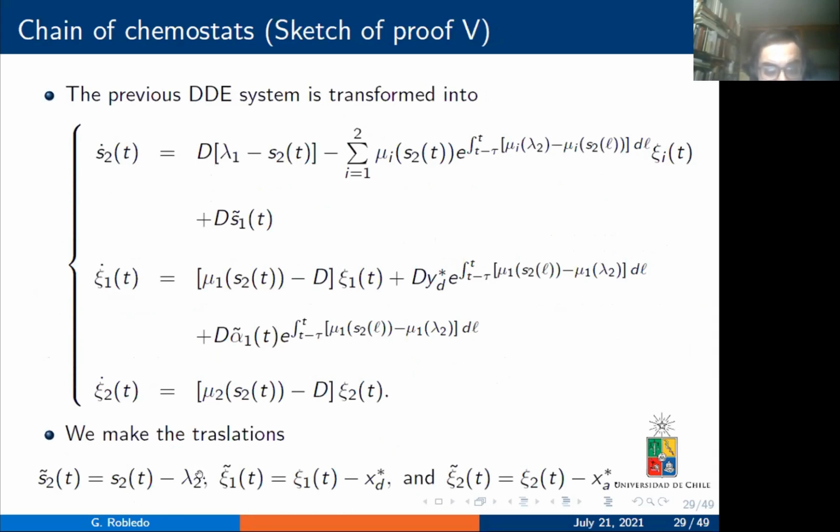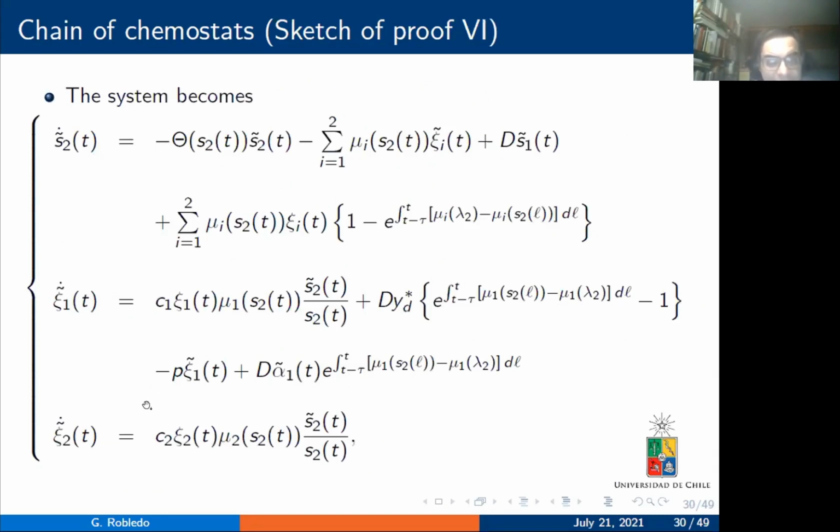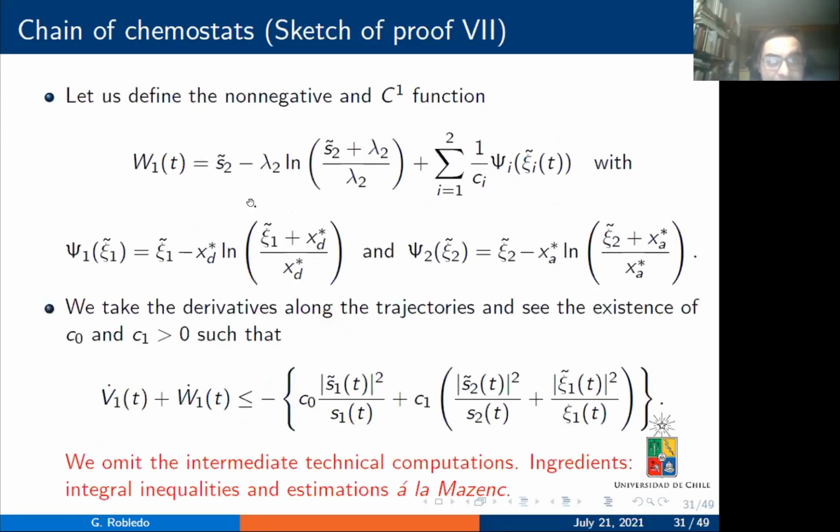You can see that this term and this term are the last three coordinates of the equilibrium E star, and this system is transformed into this system. We also can see that the origin is the unique equilibrium of this system, and our idea will be to prove that the origin is globally asymptotically stable. And to do that, we will construct this Lyapunov function.